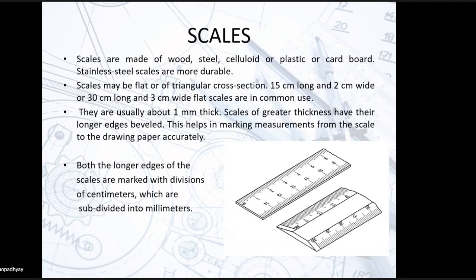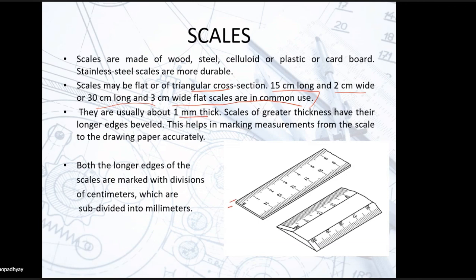Next, you have scales, right? Scales are made of wood, steel, or plastic also. They can be of flat or triangular cross section. You get 15 centimeter long and 2 centimeter wide, or 30 centimeter long and 3 centimeter wide flat scales commonly in the market. They are usually about 1 mm thick.